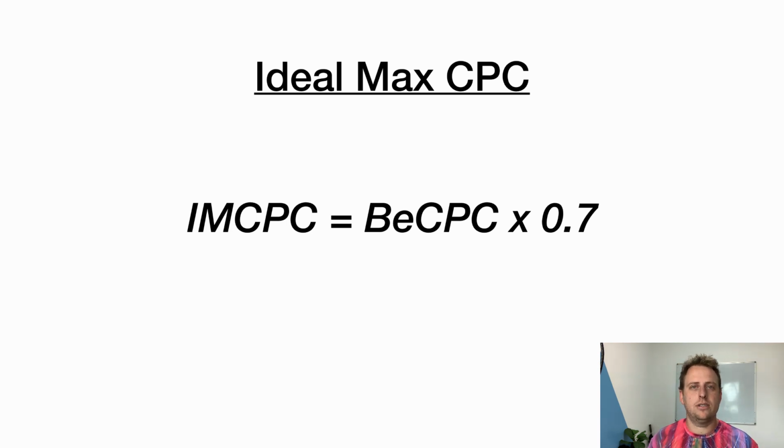Now, 0.7 is a number we've worked out by looking across a whole heap of different accounts. A 0.7 multiplier is generally a CPC number that will be profitable for most businesses, taking into account the fact that you also end up paying less than what you bid.